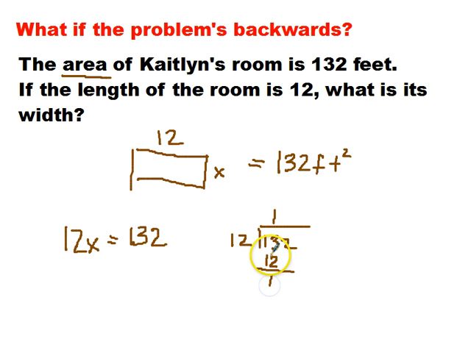Subtract, I get 1, which is less than 12. Bring down, oh look, it's 12. That's easy. 1 times 12 is 12, and I'm done. Okay? The area of her room is 132 square feet. That means this side is 12 feet and this side is 11 feet.